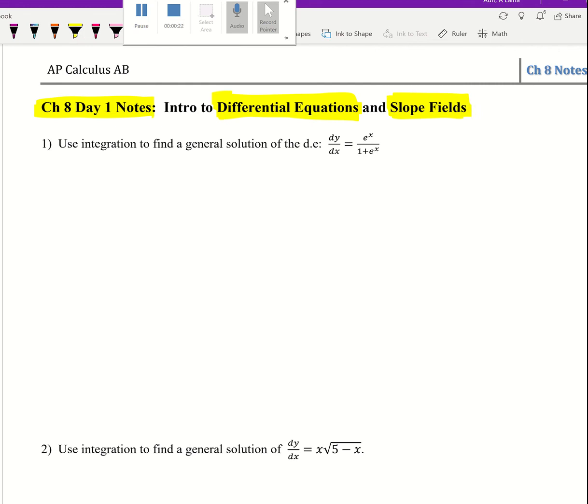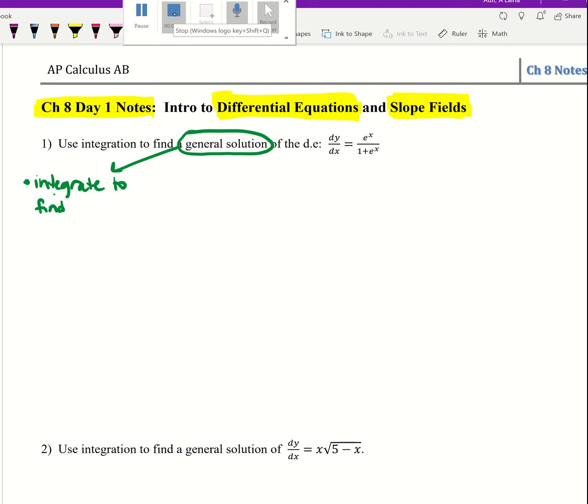So first of all, I want to make sure you understand the directions. You'll have problems like this quite often where you're asked to find a general solution, and that's all they're going to tell you. What you need to understand is that if you're finding a general solution, you need to integrate to find the original function, which, since this is dy over dx, would be to find y.